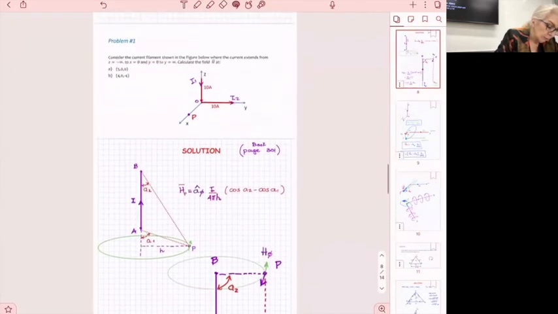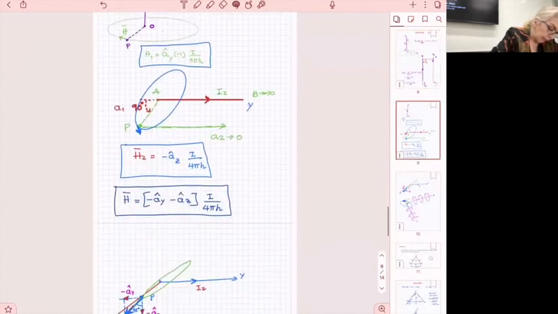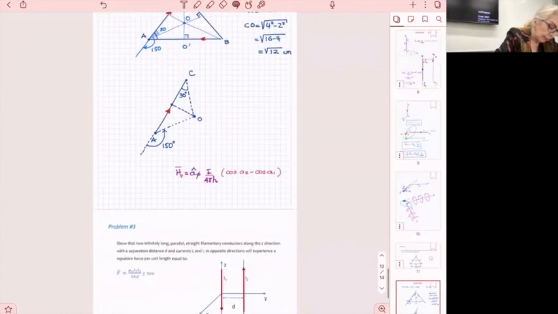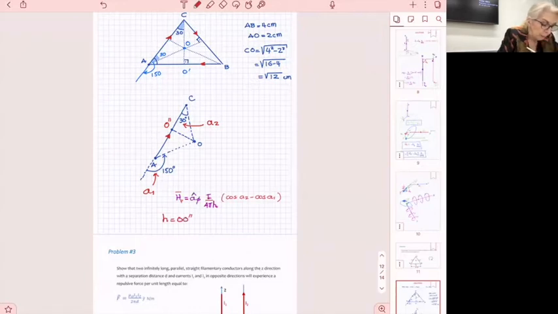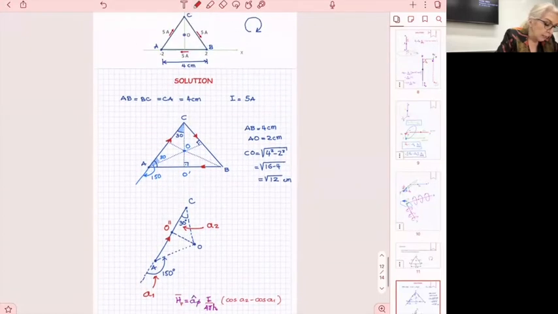A2 is up there, the internal one, and A1 is the external line. So A2 is this one, and this one here is A1. And the distance H, so H is O double prime.